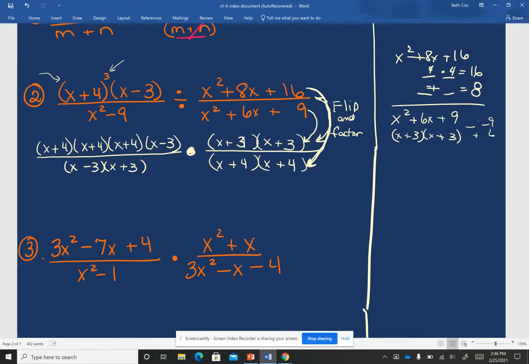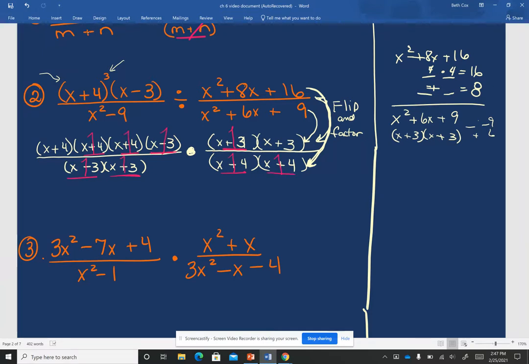So I'm going to cancel out some stuff. Now I see an x minus 3 and an x minus 3 there. So that's a 1. I see an x plus 3 here and an x plus 3. That's a 1. I have an x plus 4 and another x plus 4. Another x plus 4 and another x plus 4.